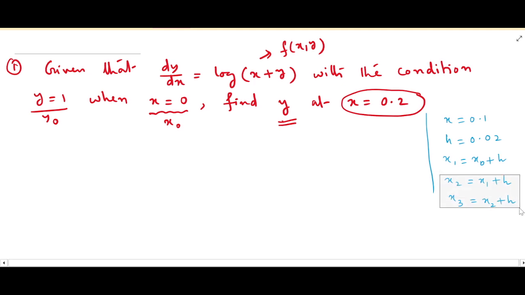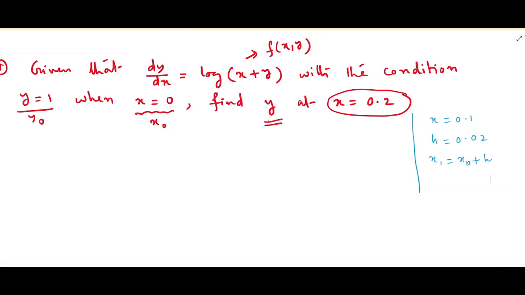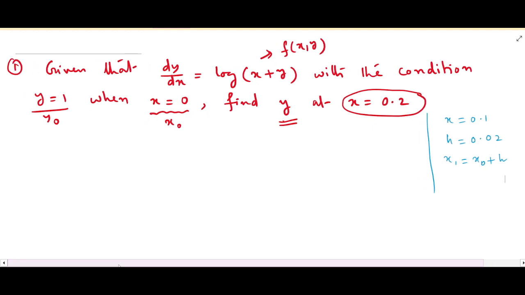So what to do then? Let us try to understand this part. If our x is 0.2 here, and x naught in this particular question is 0, what should we take for h? Here h will directly be x. So this is h in Euler's modification method.